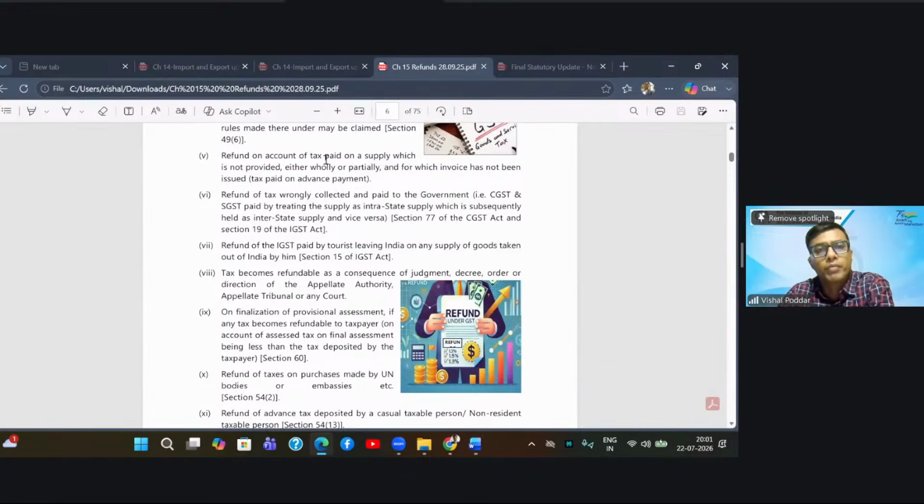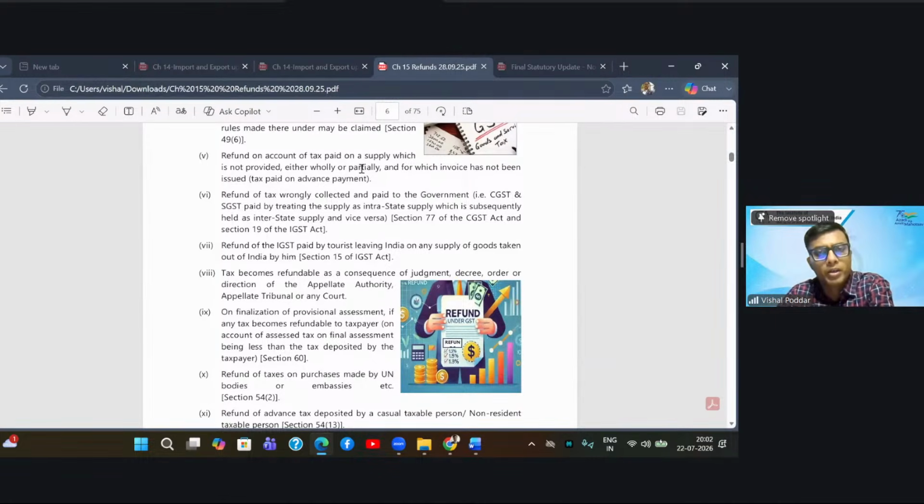Next, refund on account of tax paid on supply which is not provided. So let us say you have received money in advance. This is mainly for services, and you paid the tax on the advance because of the time of supply provision. But later on, for some reason, the supply was not made.